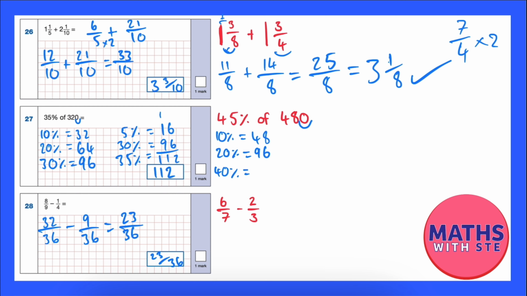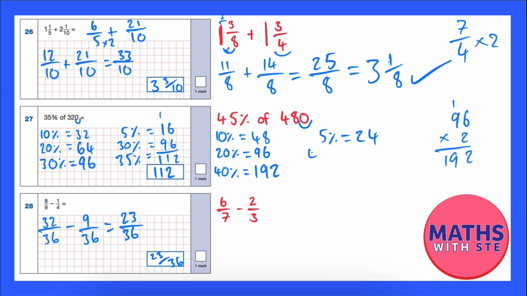Now you might find that quite difficult to do, so let's just do that to the side. 96 times 2. So 6 times 2 is 12. And 2 times 9 is 18, plus 1 is 19. 192. Half of 10% is 5%. So I can go 5% equals half of that. And half of 48 is going to be 24.